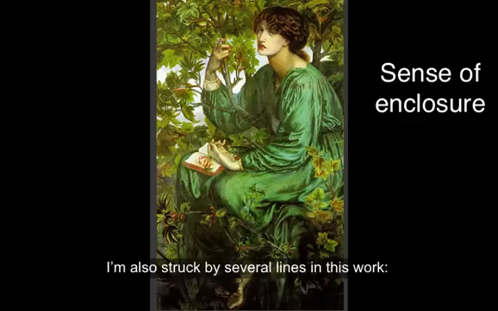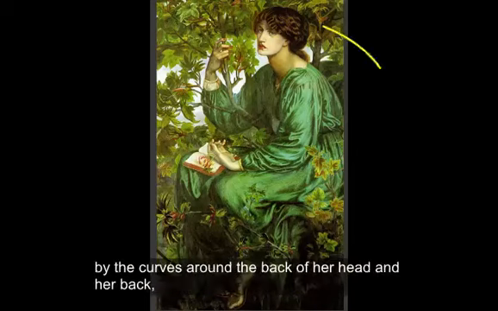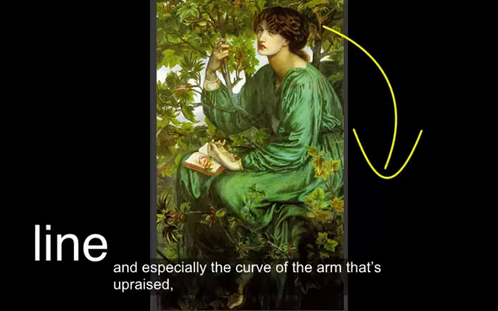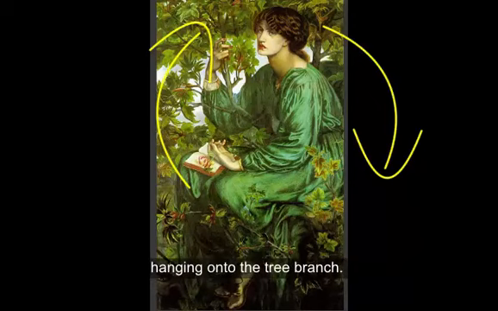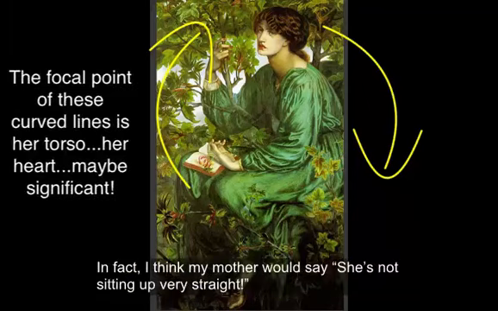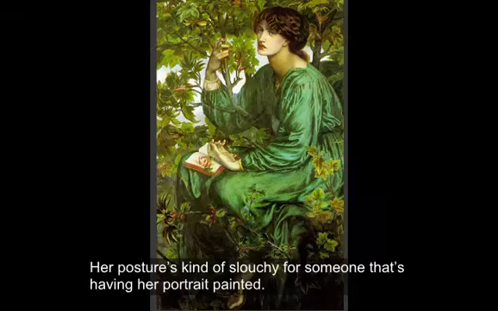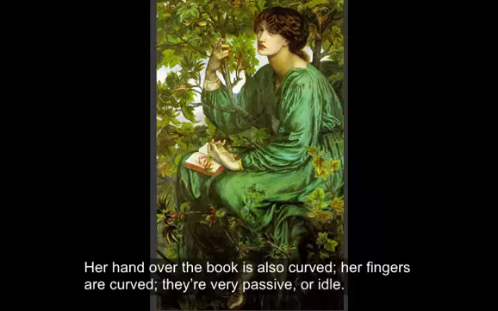I'm also struck by several lines in this work, by the curves around the back of her head and her back, and especially the curve of the arm that's upraised hanging onto the tree branch. There are lots of these gentle curves. In fact, I think my mother would say she's not sitting up very straight. Her posture's kind of slouchy for someone that's having her portrait painted. Her hand over the book is also curved.